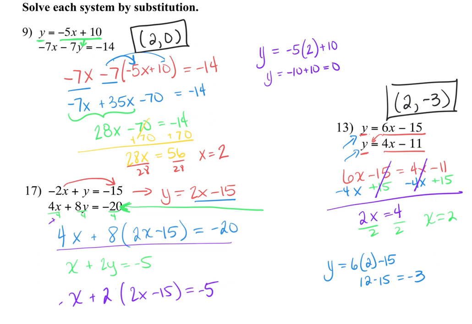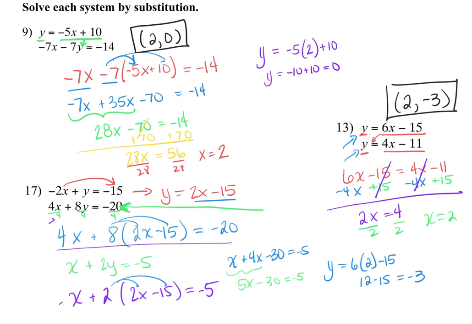No matter what you do, when you solve this, you're going to have to distribute, whether you distribute here or distribute here. Combine your like terms. Add over. So in this case, I'm going to add my 30 over to the other side.